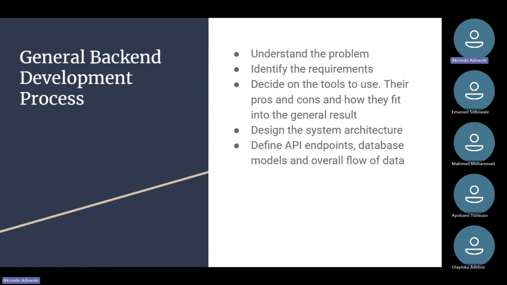In order for you to do so, you just need to follow certain processes, regardless of whatever tools you are making use of. You understand the problem, highlight the requirements it has, and decide on what tools you want to have, regardless of whether you are writing your backend in Python, in Go, in Java, or in Node.js like we are. You are going to be making use of these processes.